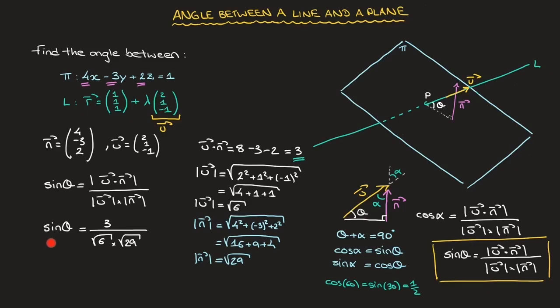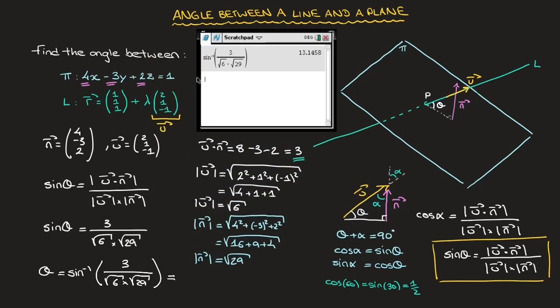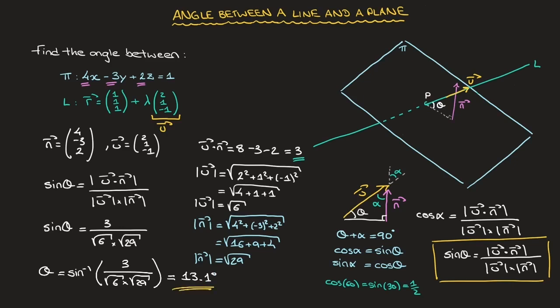Finally, using arcsine or inverse sine, we can state that theta is equal to the inverse sine, or arcsine, of 3 over the square root of 6 times the square root of 29. And by all means check, but with our calculator and rounding to 1 decimal place, we find that that's equal to 13.1 degrees. And that's the answer. The angle between this line and the plane is 13.1 degrees.